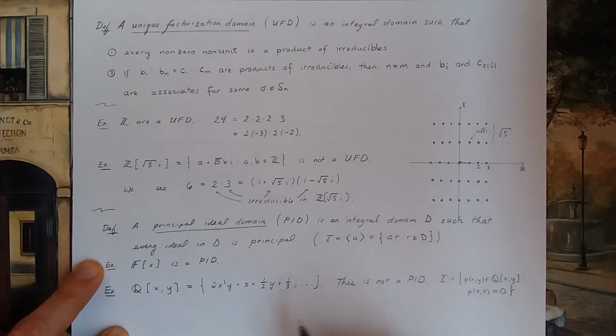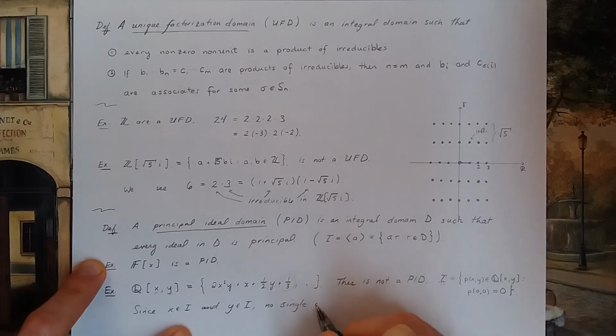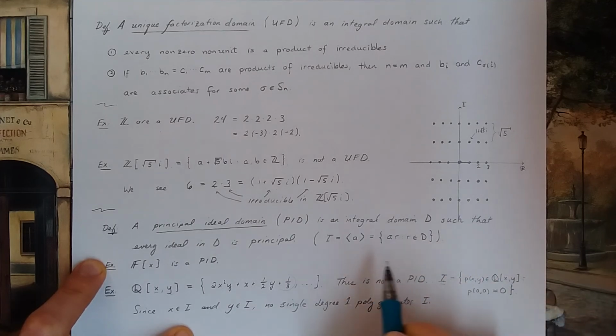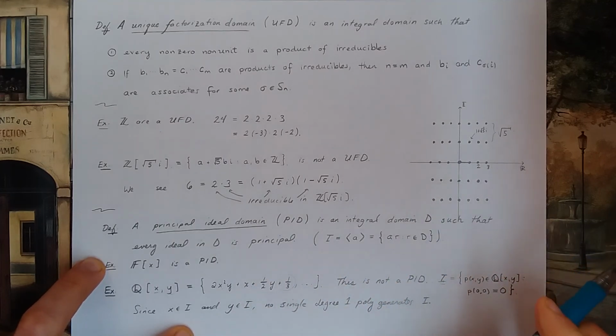But no single degree 1 polynomial can generate I, because then x would have to be in I and y would have to be in I. So since x is in I and y is in I, no single degree 1 polynomial generates this ideal. So that proves this is not a principal ideal domain.